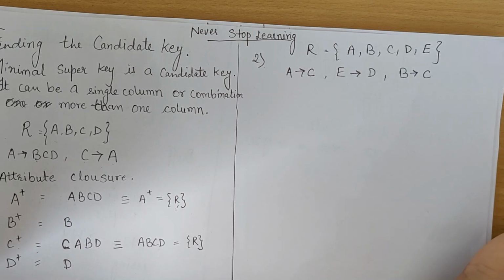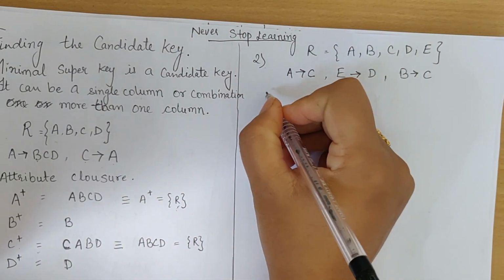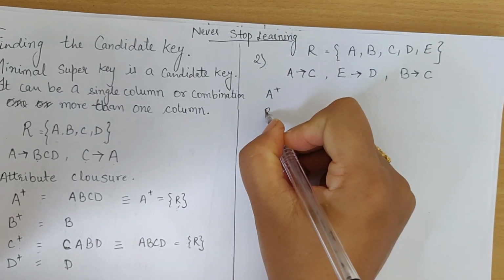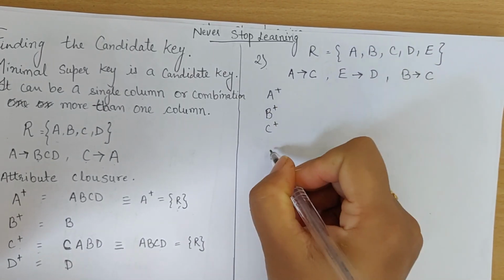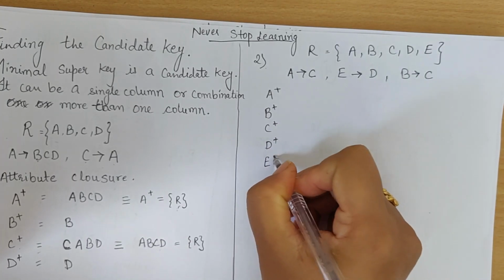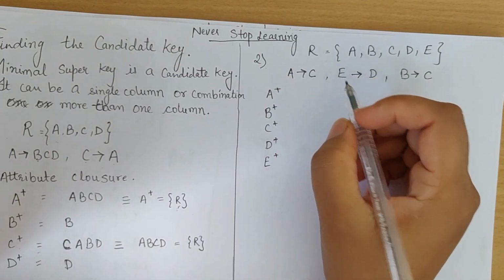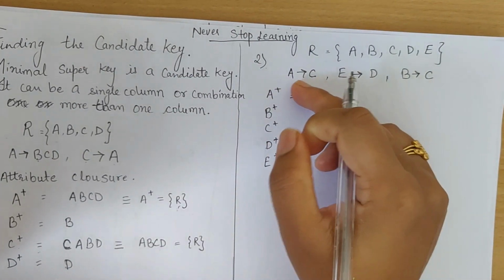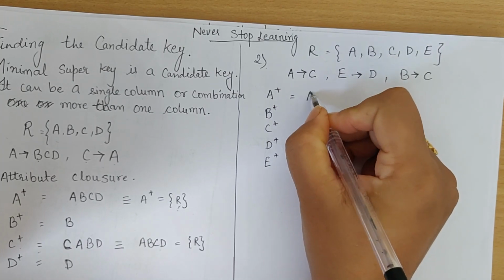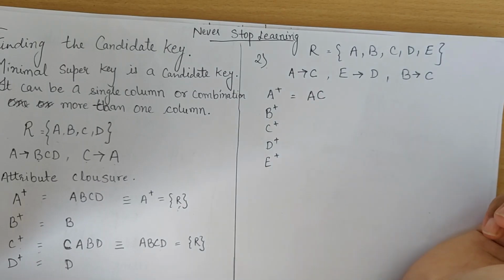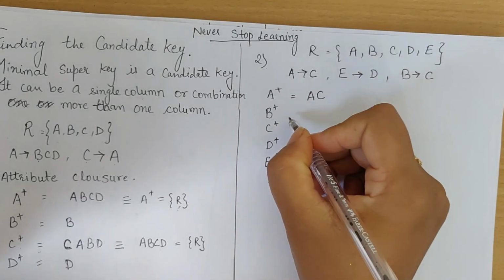So the first step in finding the candidate key is to find the attribute closure. I have 5 elements, so I will compute the closure of A, B, C, D and E. Closure of A will be A, and with a direct dependency on A, which is C, closure of A gives AC.